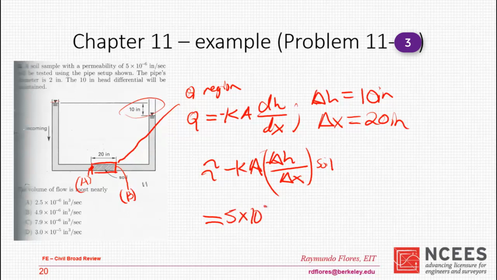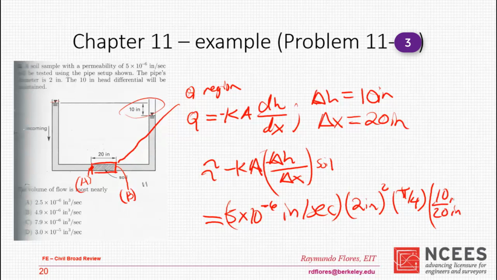So if we do that, times area, which is 2 squared times pi over 4, times delta H over delta X, which is 10 over 20, and that's it. You should be able to get your answer from that. So it's about 7.9 times 10 to the minus 6 inches cubed per second, and I think that's the answer.